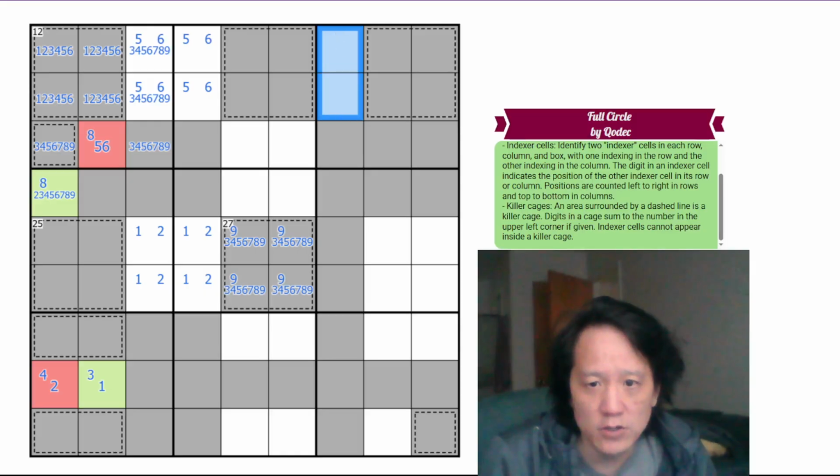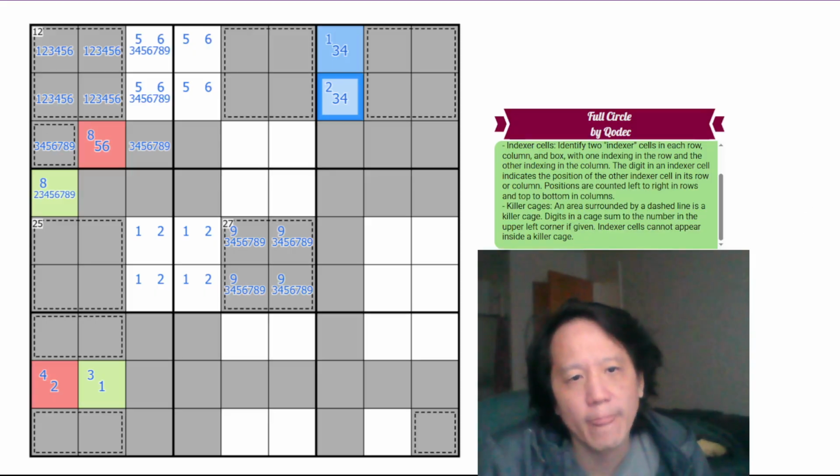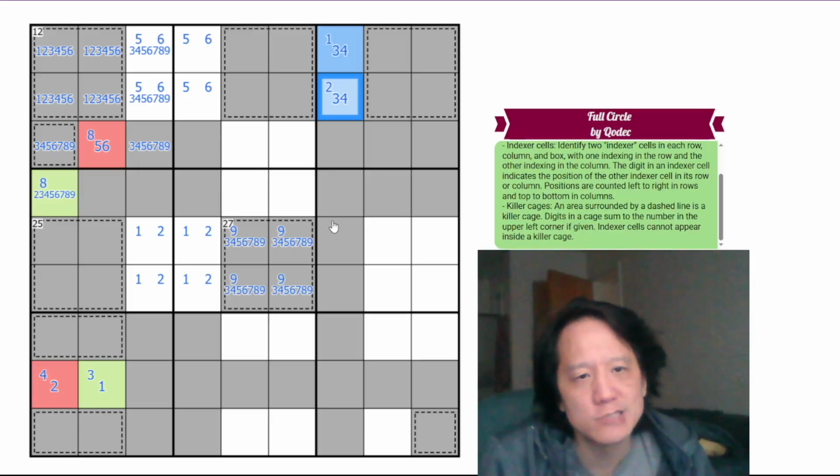So if this is indexing column, it would be 1. If it's indexing row, it would be 2. Sorry, this column, it would be 2. This indexing row would be 3 or 4. This indexing row would be 3 or 4. Huh. Interesting.